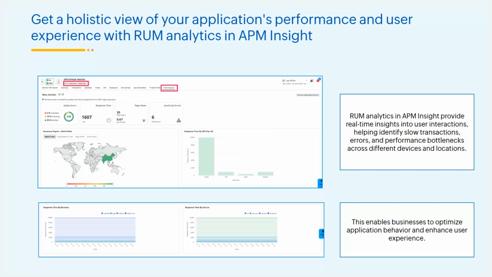This data enables organizations to proactively optimize their application behavior, ensuring a seamless user experience and improved overall performance from the front end to the back end of your complete application.